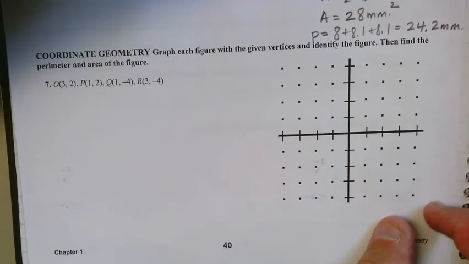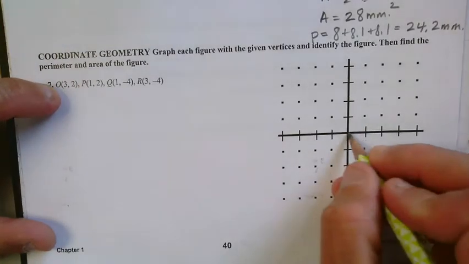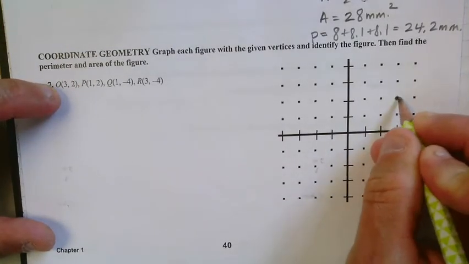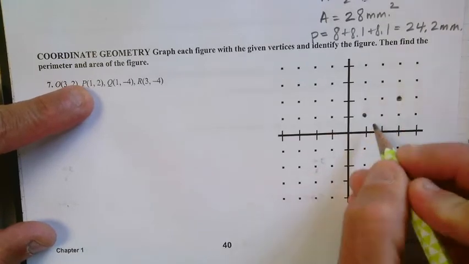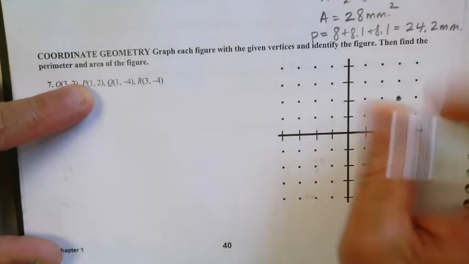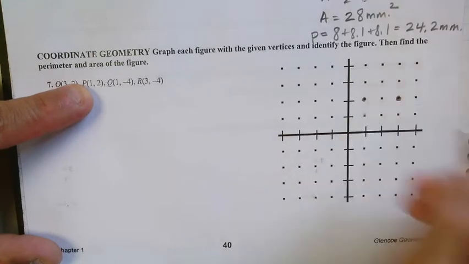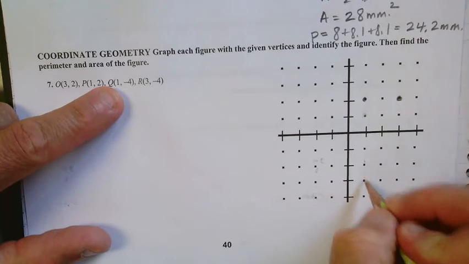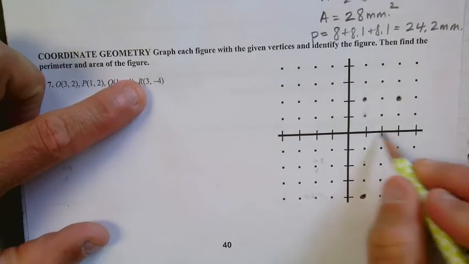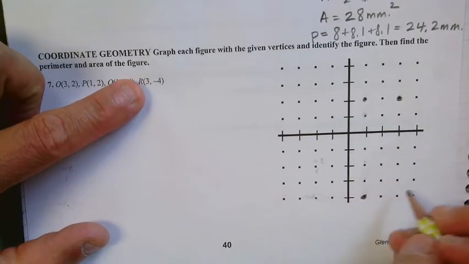As I look at number 7, I'm just going to graph this out. 1, 2, 3, 1, 2. Oh, sorry. 1, 1, 1, 2. 1, -4. 2, 3, 4, and 3, -4. 2, 3, 4. Okay.